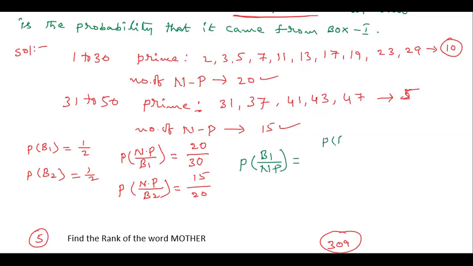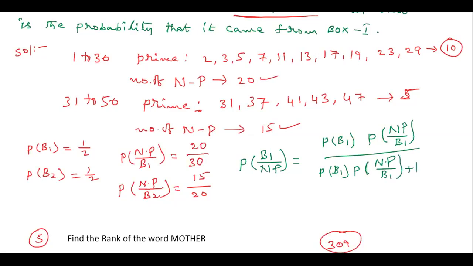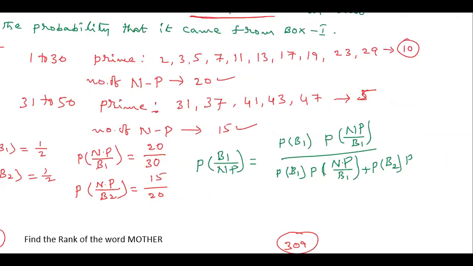P of B1 into P of non-prime given box B1, divided by P of B1 into probability of non-prime given box B1, plus P of B2 into probability of non-prime in box B2.